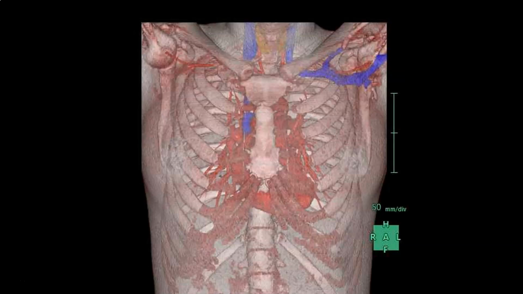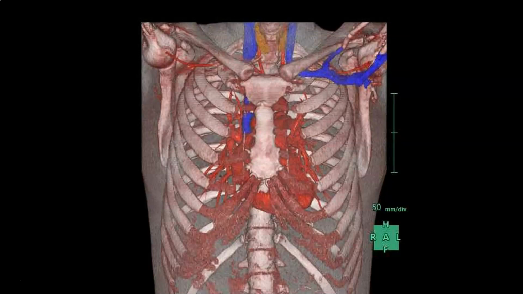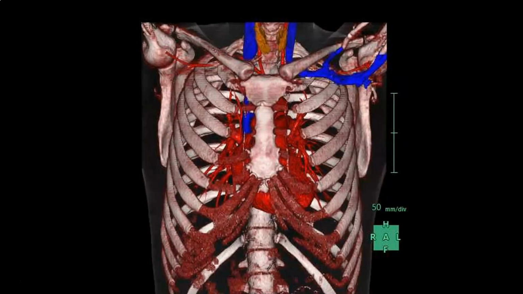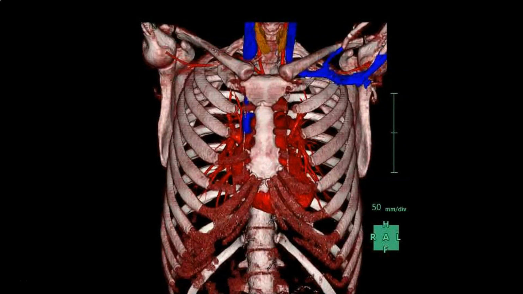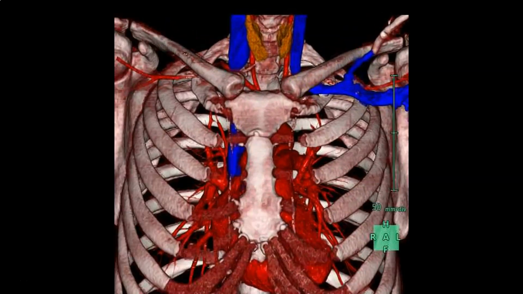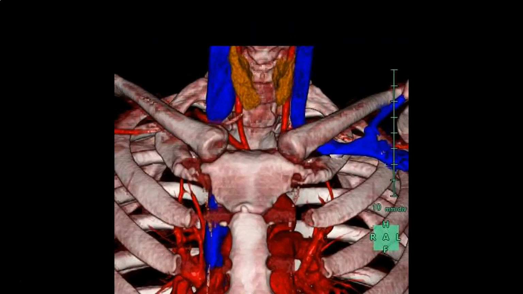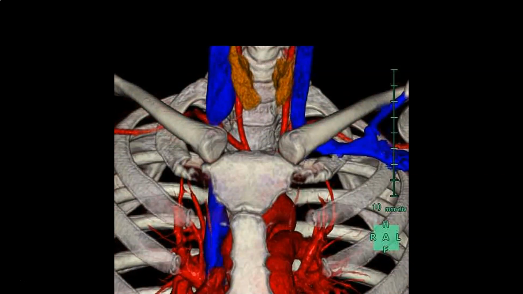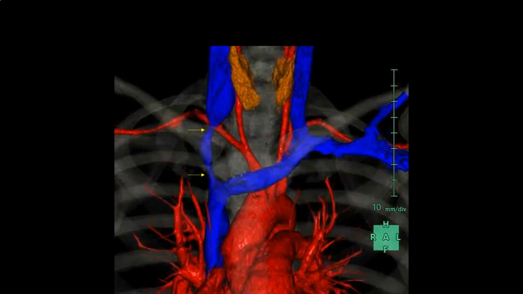Coming to the details of the venous stenosis, this is a three-dimensional reconstruction of the CT, showing narrowing of the right innominate vein at more than one site.